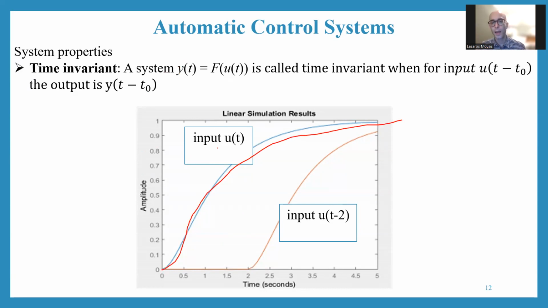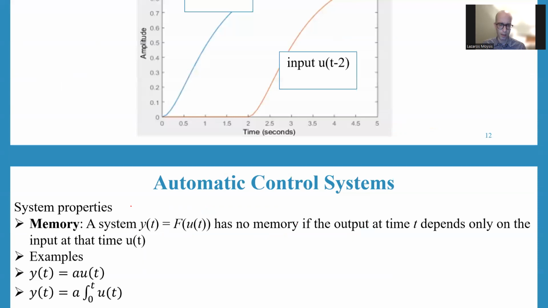What happens if I provide the same input, but 2 seconds later? The output is exactly the same as before, but it is moved 2 seconds later in time. Other than that, the output is exactly the same. So it's just shifted in time a little bit. This is time invariance. Not all systems have this property, but the systems that we are dealing with are actually all time invariant.